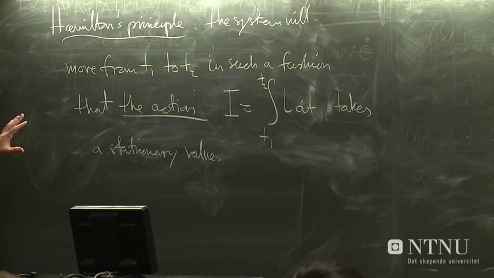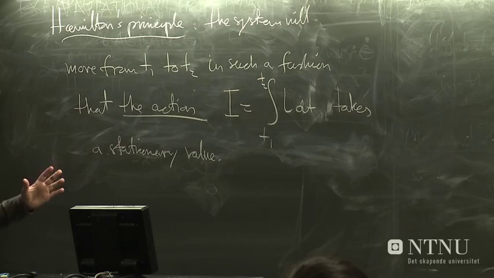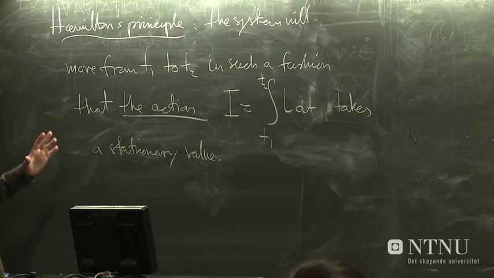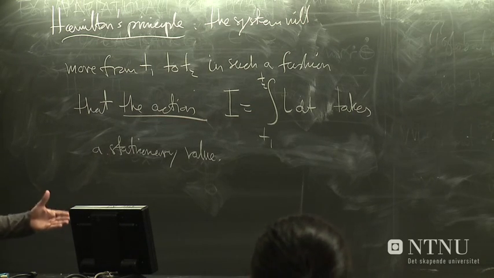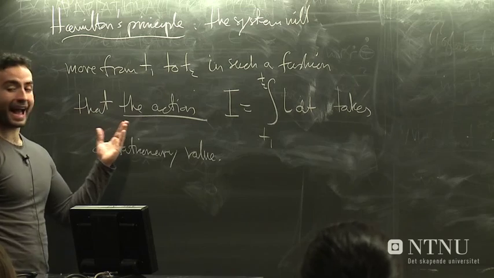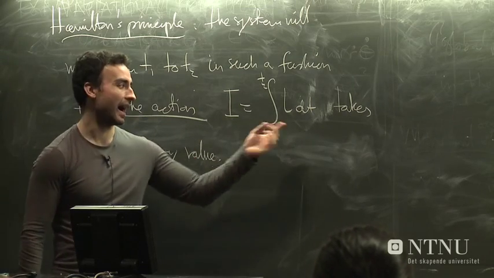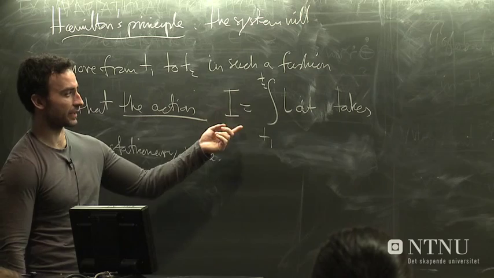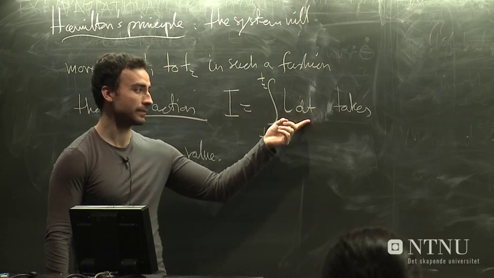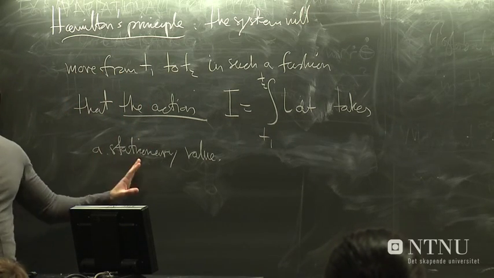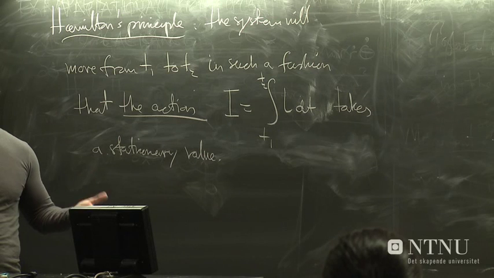Hamilton's principle is basically a statement about how the actual movement of the system will be. It says the following: the system will evolve from t1 to t2 in such a fashion that the action I, which is given as the integral from t1 to t2 of the Lagrangian L dt, takes a stationary value, or put differently, an extremal value.